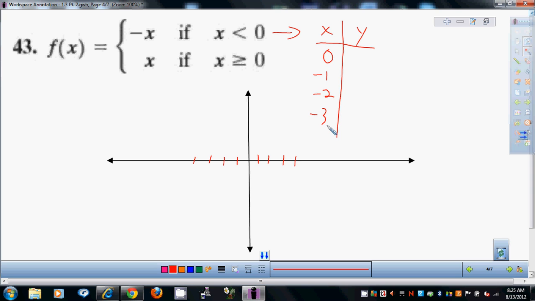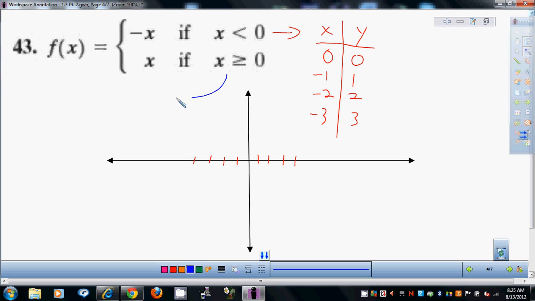So we're going to plug those into the top equation. And when we plug those in, -0 is just 0. -1 is just 1. -2, -3, bam. Now we can go ahead and graph it at this point, or I like to go ahead and knock my XY charts out of the way.